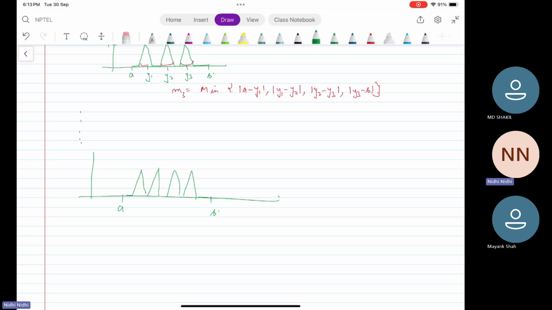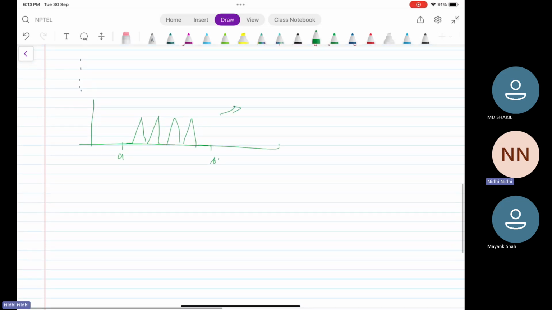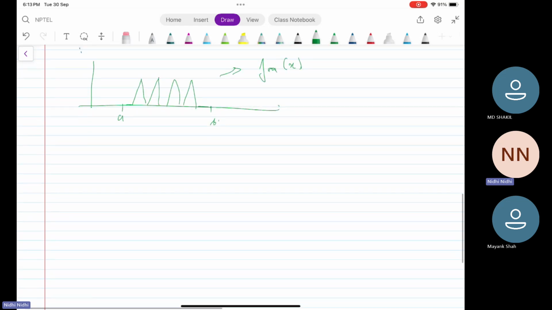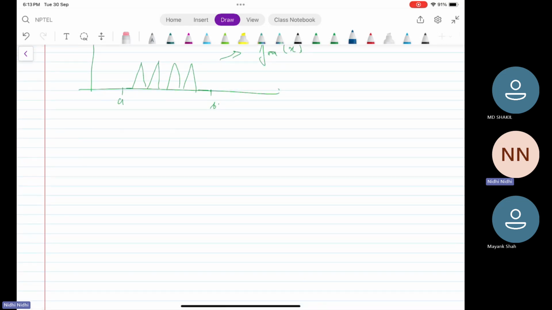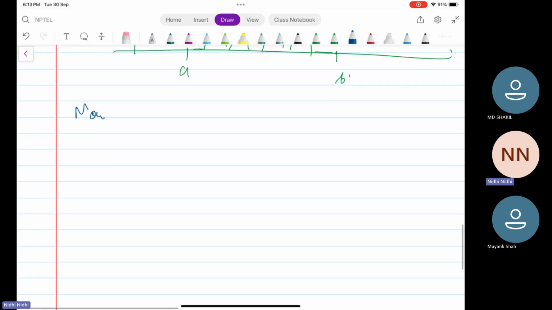So can you tell me the pointwise limit of this sequence? Any idea?